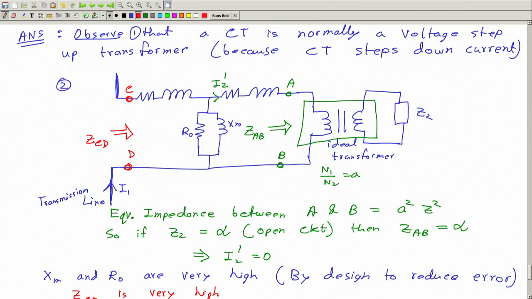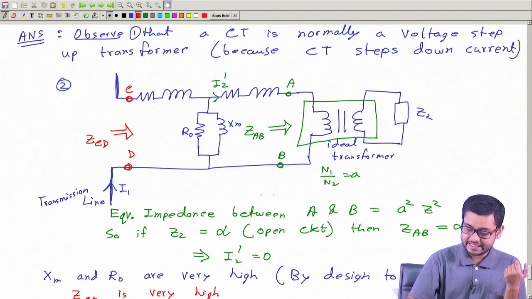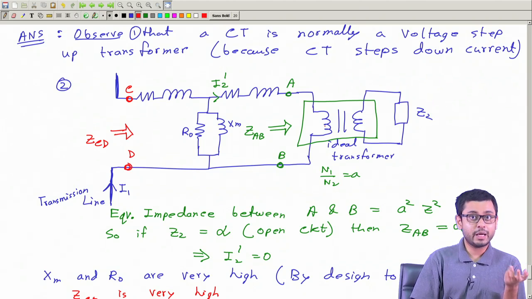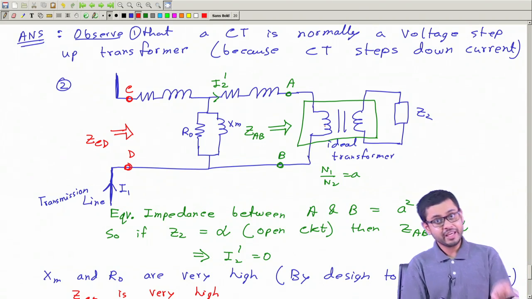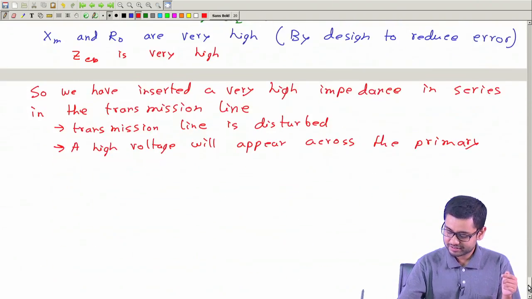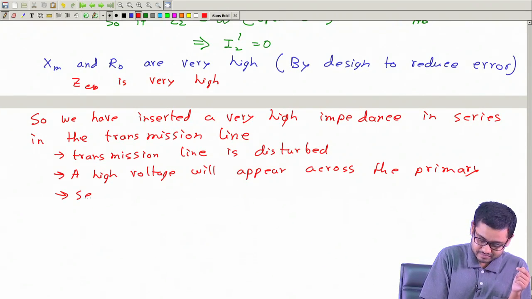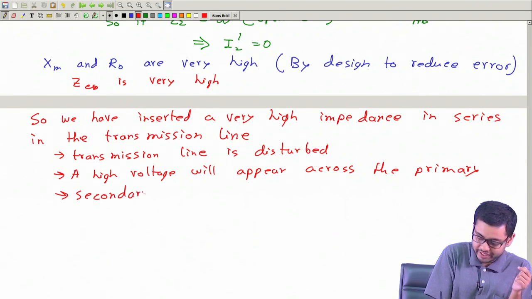So this voltage will be very high. So the primary voltage is very high, and now this CT is actually a step up transformer. So the secondary voltage will be even higher.